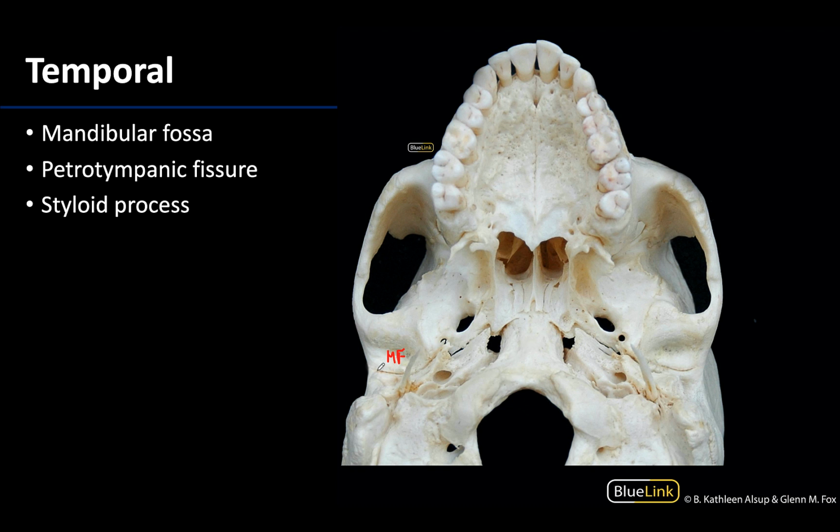Now, just posterior to that region is the petrotympanic fissure. So just posterior to the mandibular fossa, you can see it is very thin, but it's easier to locate if you know where that mandibular fossa is. So always find the mandibular fossa and look just posterior for a thin fissure. The chorda tympani will exit the skull here.